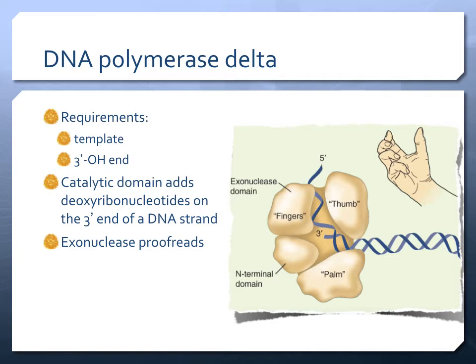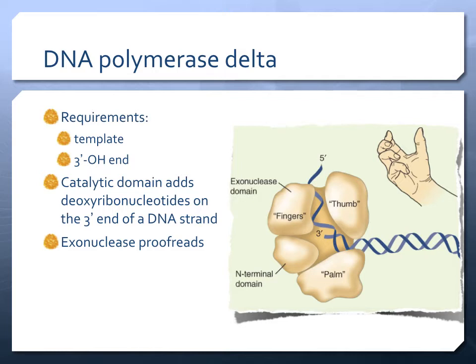So what does it require to synthesize DNA? First of all, you need a template because all the new entering nucleotides will be added on a complementarity basis. So the nucleotide that is added is chosen, so it can be a T, a C, or a G, but it is always chosen according to the nucleotide present in the template.